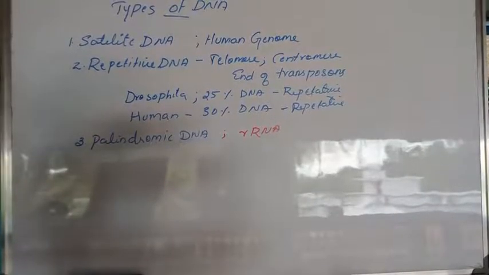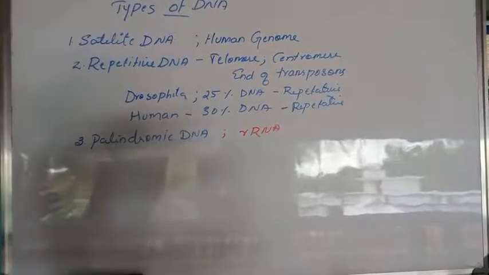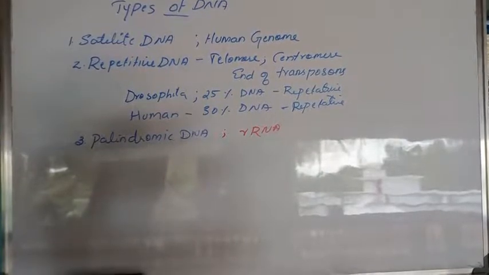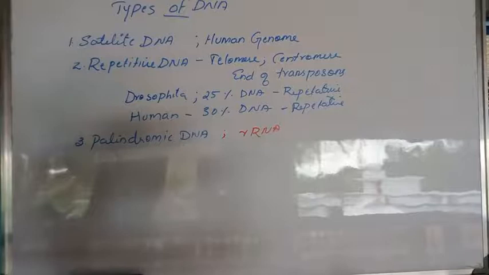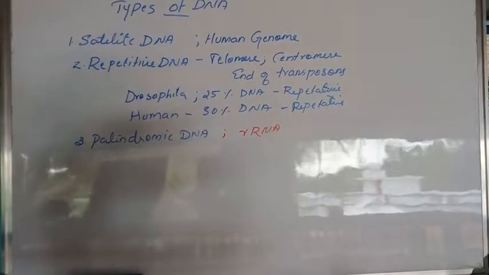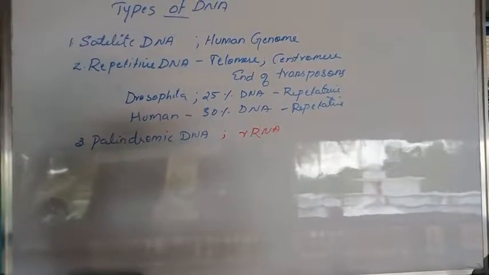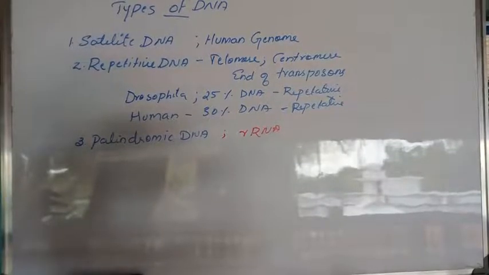The true significance of palindromic DNA is, however, not clear, although several functions have been suggested. They may function as a recognition site of DNA for proteins, for example the lac repressor protein, which we will study in the lac operon, CRP protein, and many restriction enzymes.